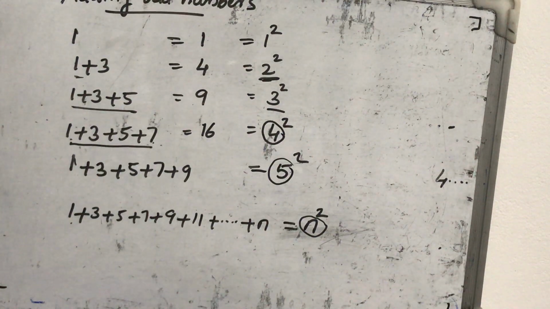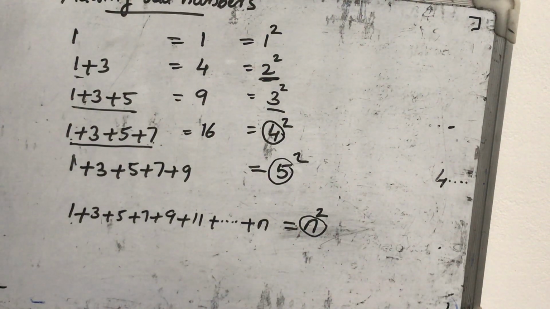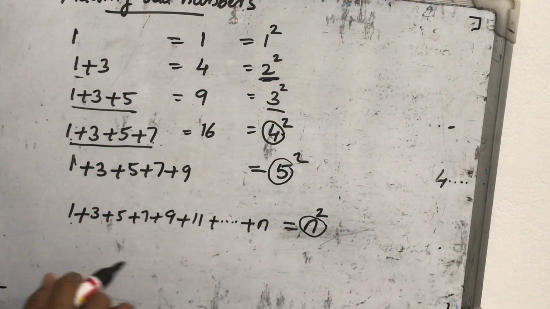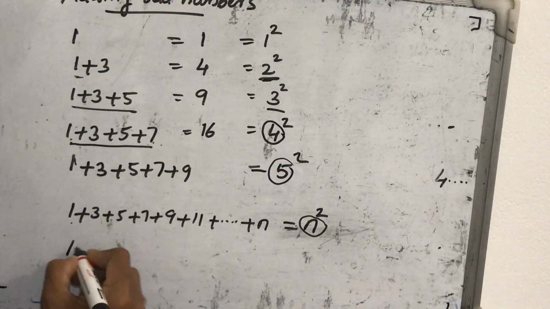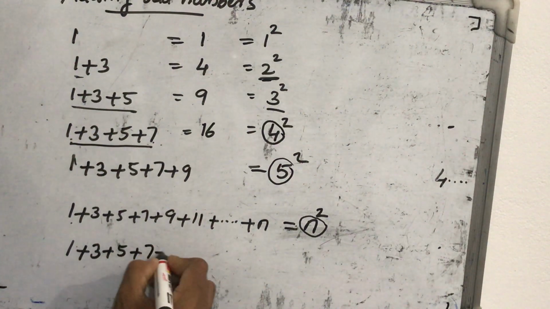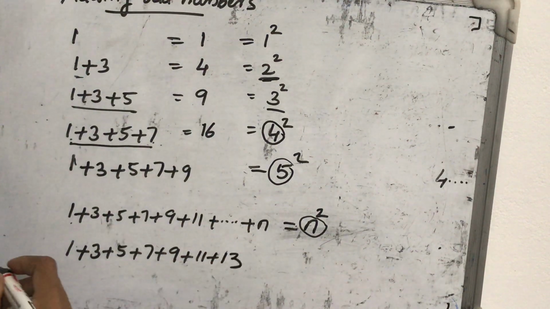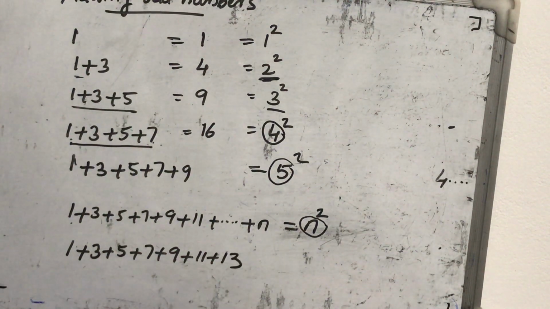So we can find the answer for all questions like this. Without adding, find the sum of the following. The question is given like this: 1 plus 3 plus 5 plus 7 plus 9 plus 11 plus 13. Now we do not need to add this.